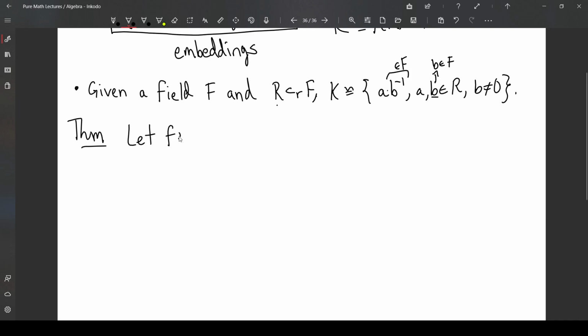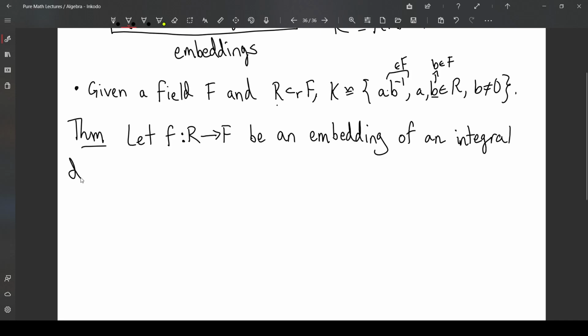So let f from R to F be an embedding of an integral domain R into a field F. And so again, whenever we deal with embeddings, we can think of it as R being a subring of F, although this is slightly more general.